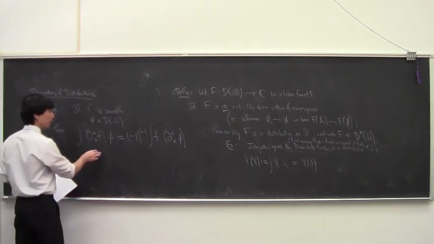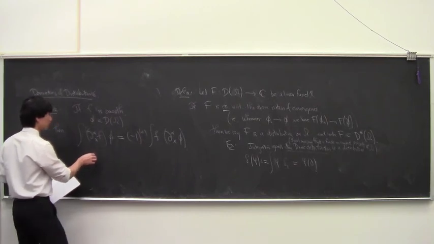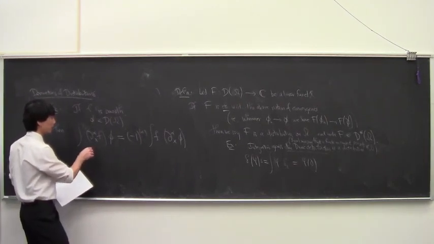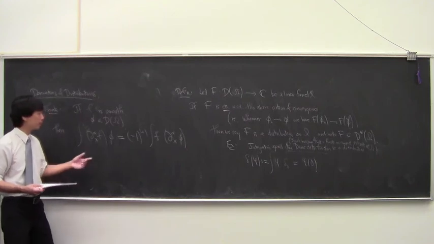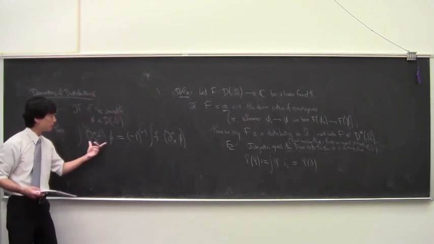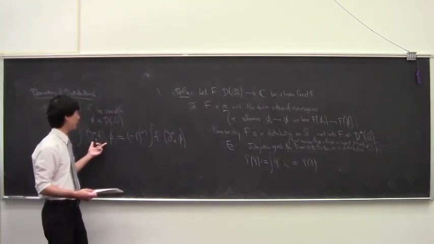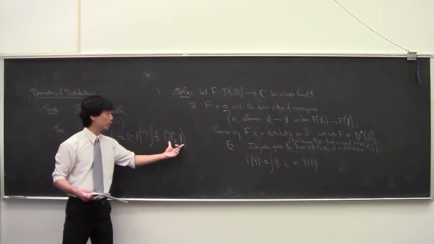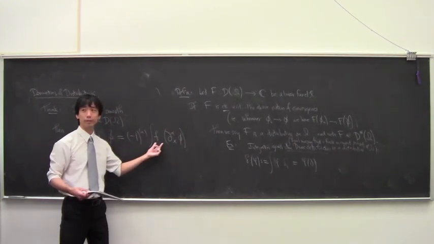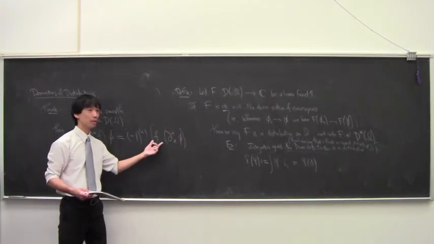Considering this in distribution language, integration against this partial is the same thing as integrating f against the partial of phi, times a constant.